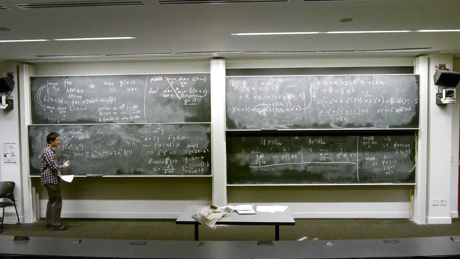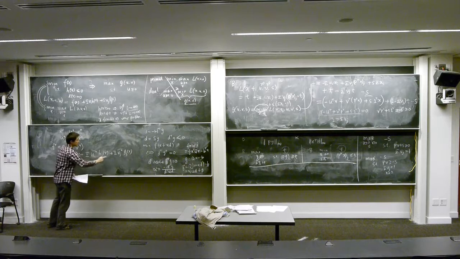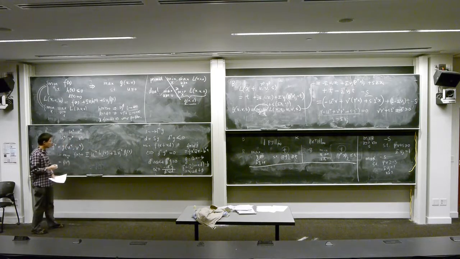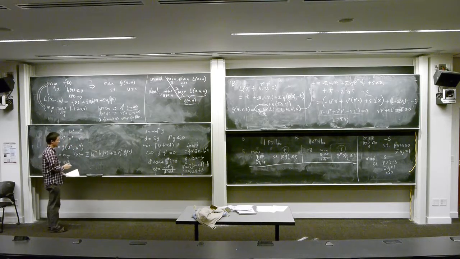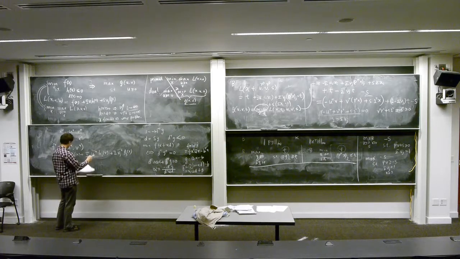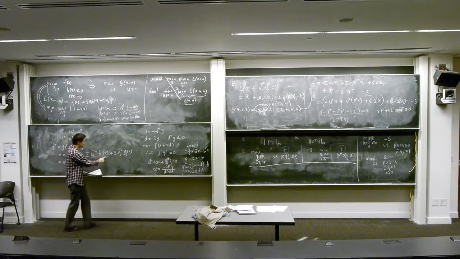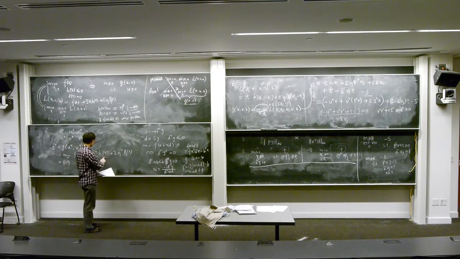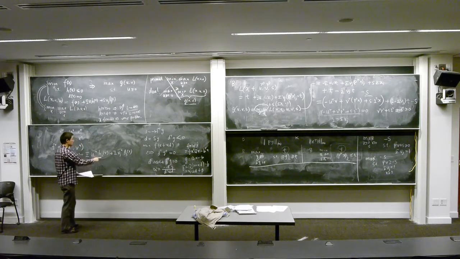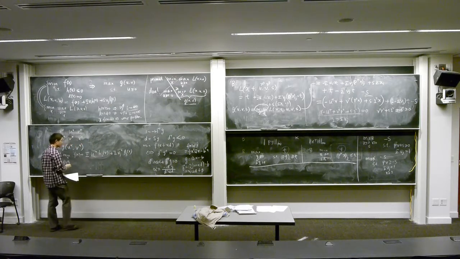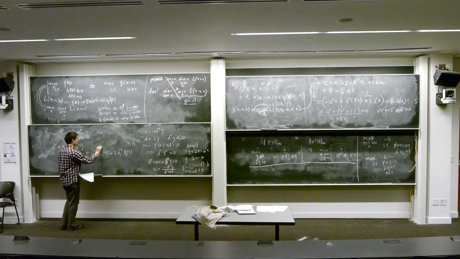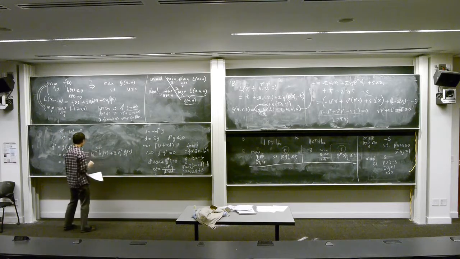And because x star is feasible, this part is smaller or equal to 0, and this is 0.